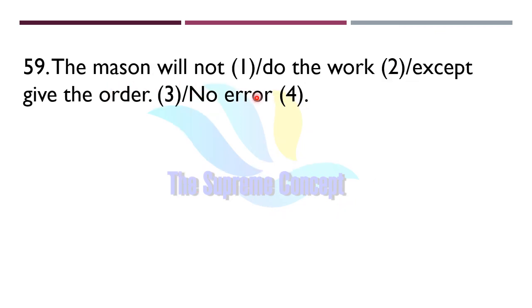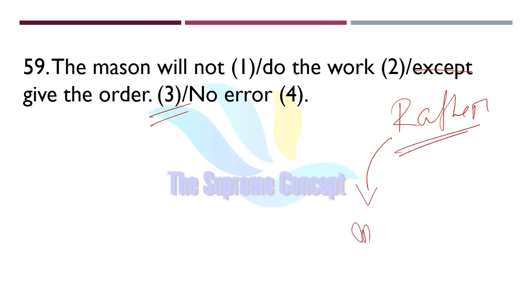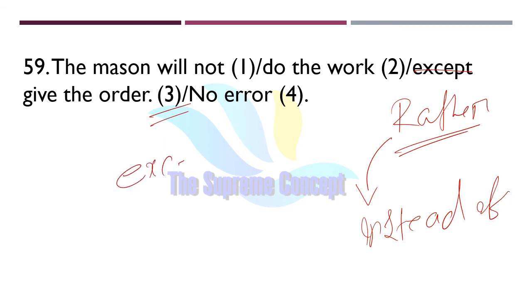The machine will not do the work except give the order. Now find out where exactly the error lies. Yes, you are right. Error lies in part number 3. Instead of "except", we will use "rather" here, R-A-T-H-E-R, because rather means instead of, but except means only.